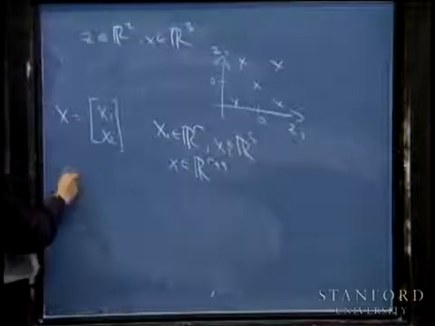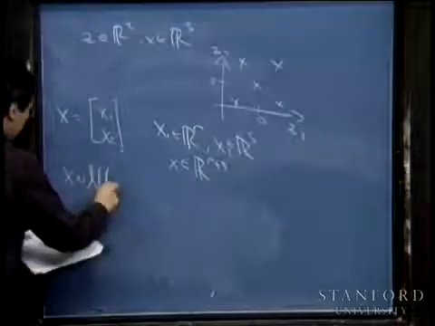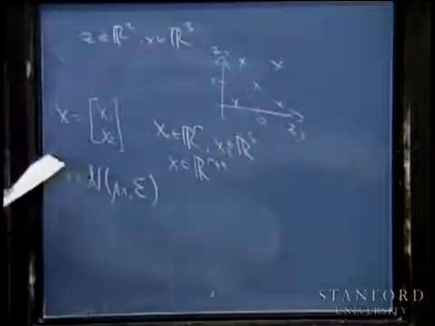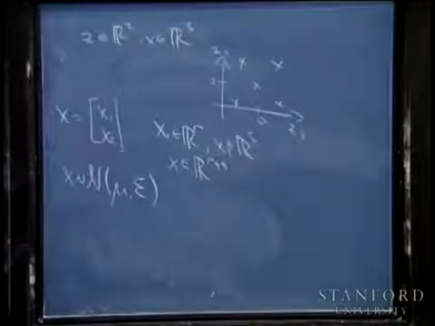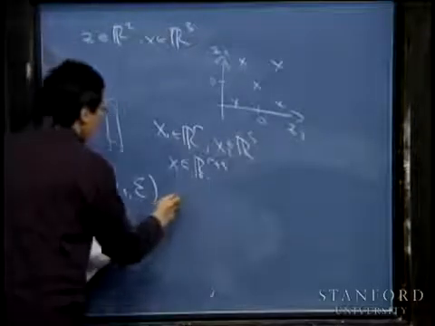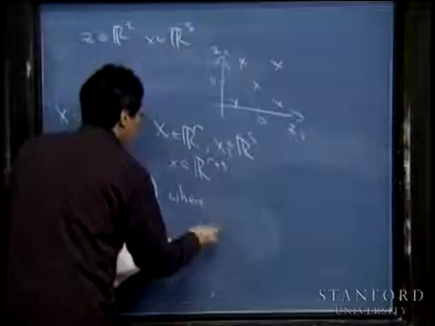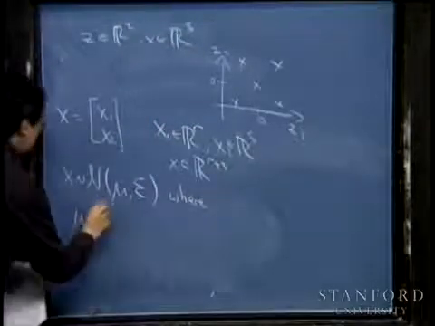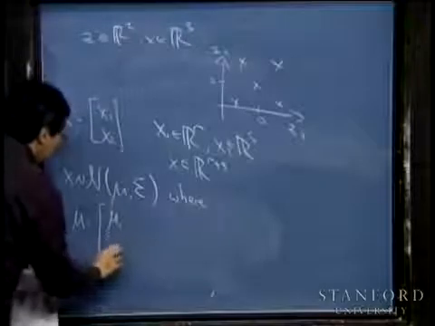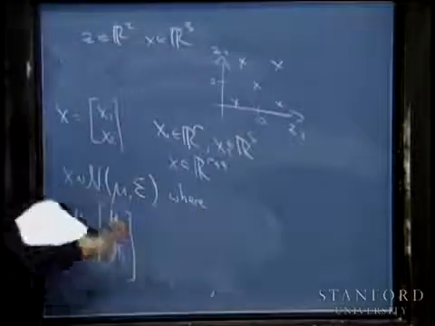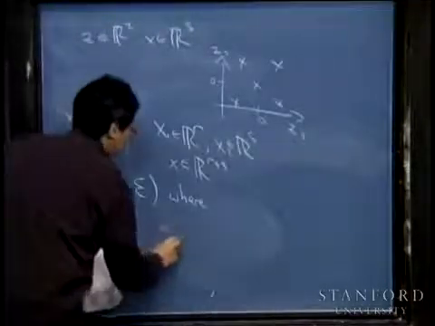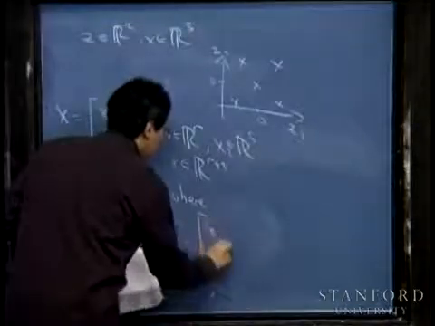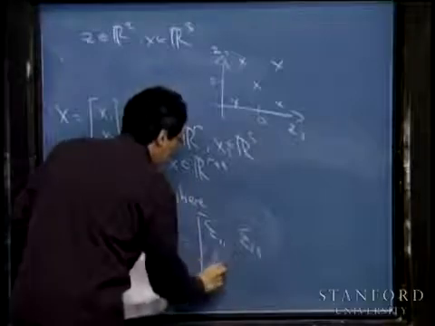So let's say you have x coming from a Gaussian distribution with mean mu and covariance sigma, where mu is itself a partitioned vector. So break mu up into two pieces, mu1 and mu2. And the covariance matrix sigma is now a partitioned matrix.